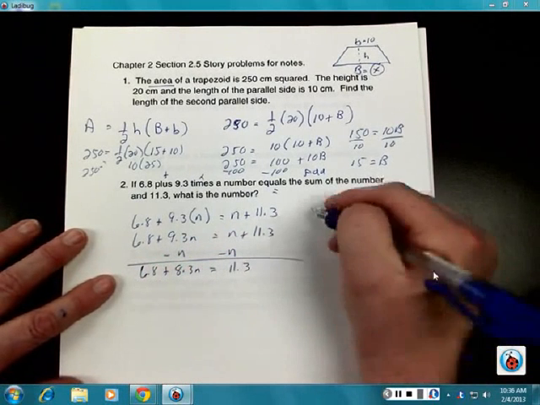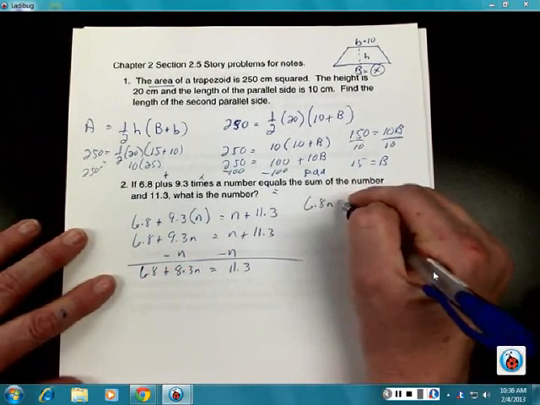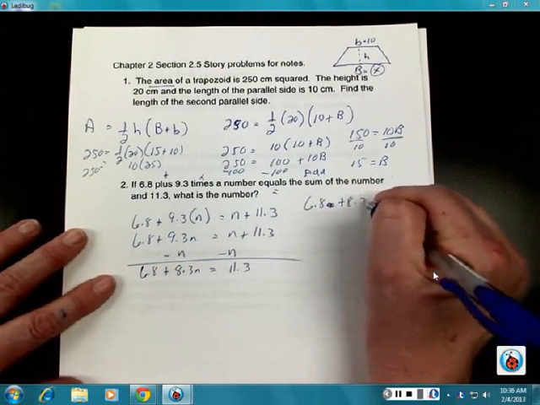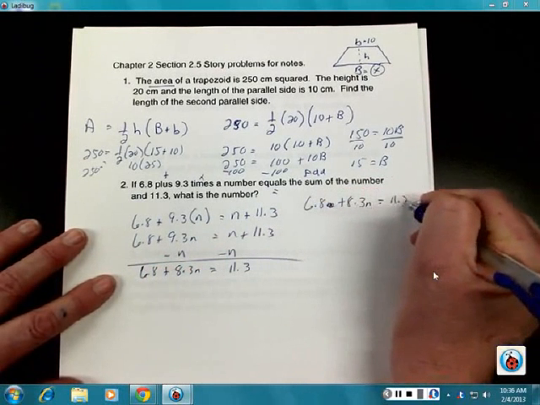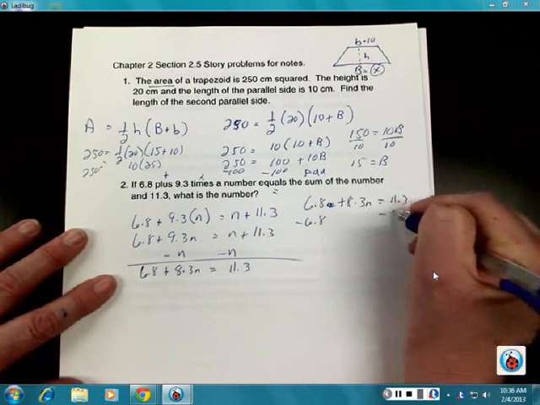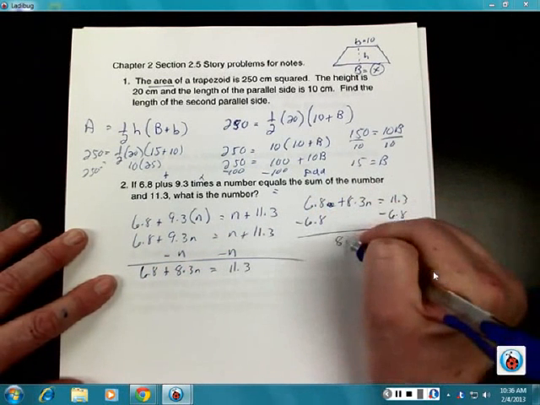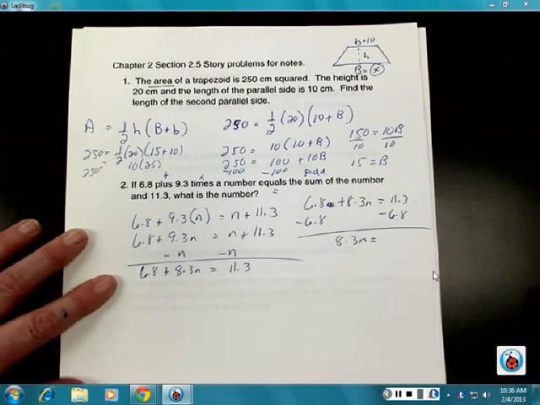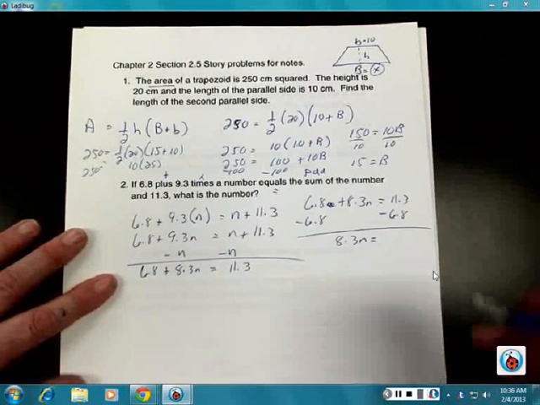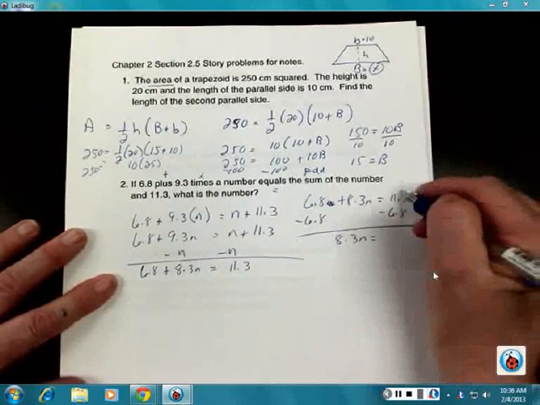Now what? Yep, minus 6.8. And what happens after that? Gotta subtract these two.